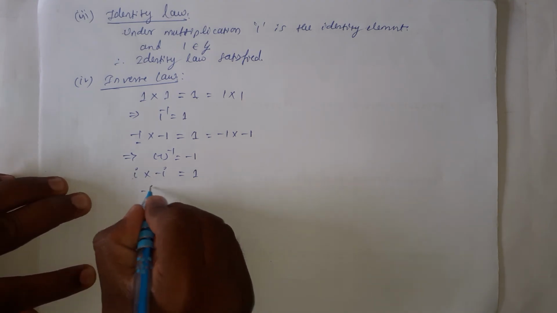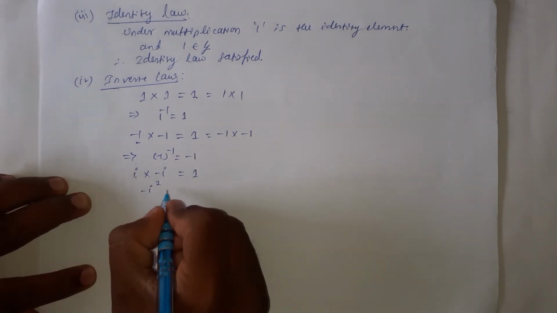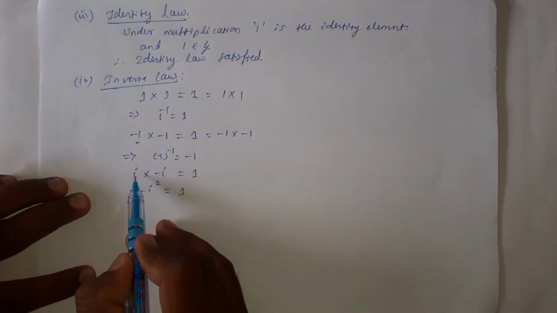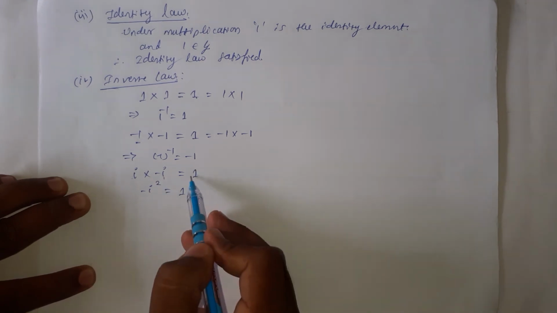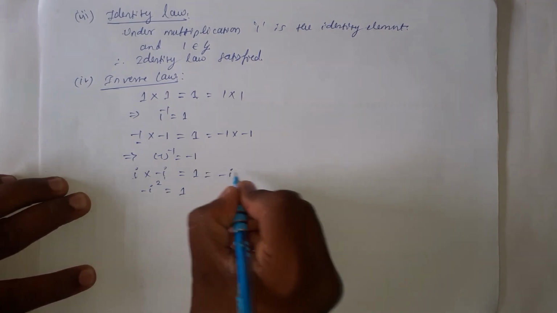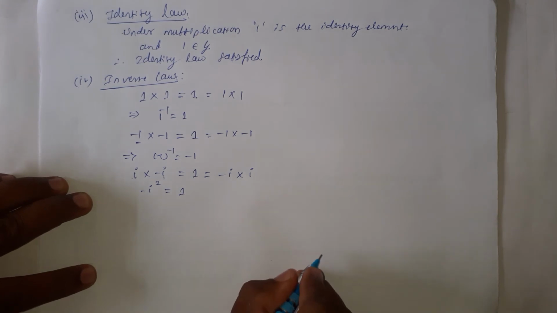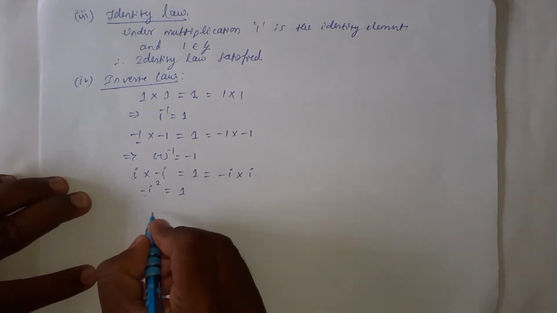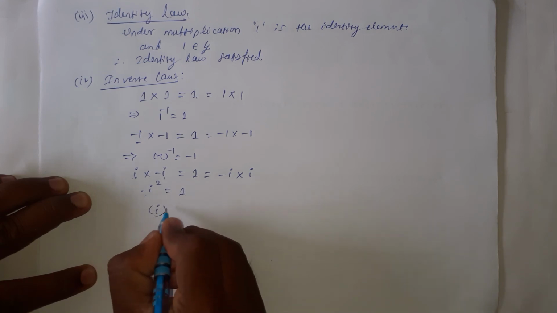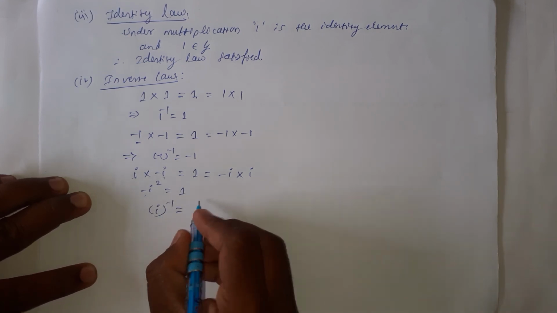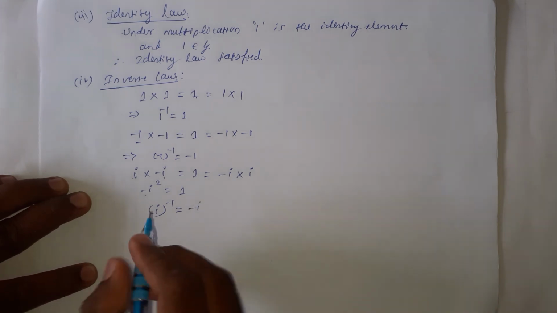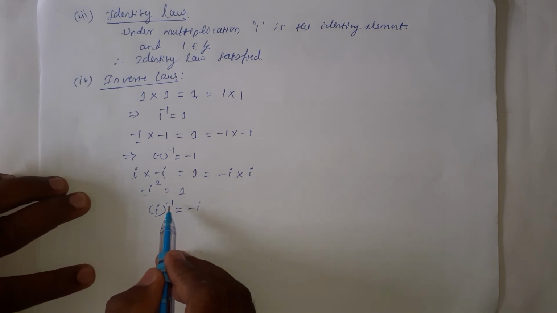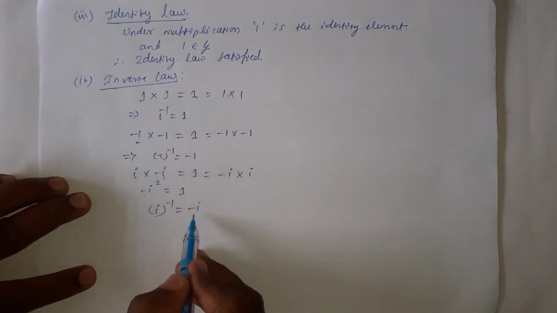That is nothing but minus i square, and the value of minus i square is plus 1. Therefore i into minus i becomes plus 1, or minus i into i is also plus 1. Hence the inverse of i is minus i. The symbol of inverse is i power minus 1, that is nothing but the inverse of i, which is minus i.